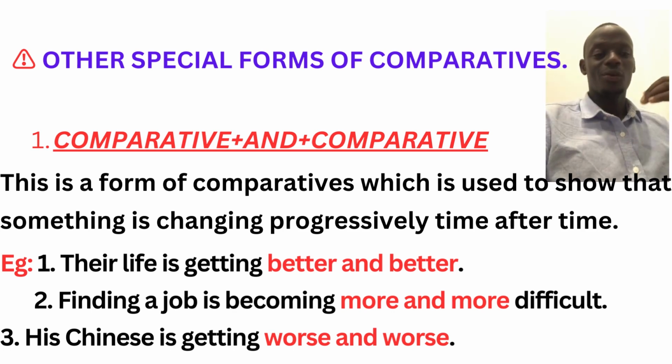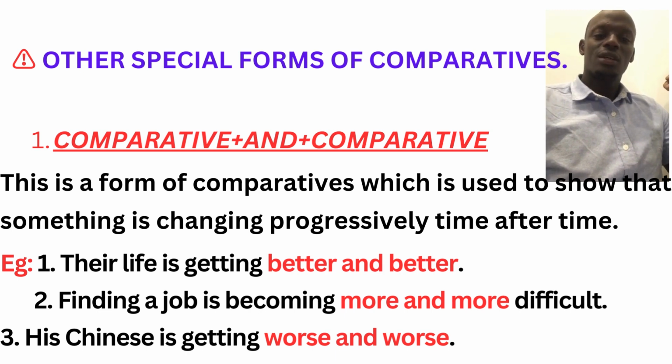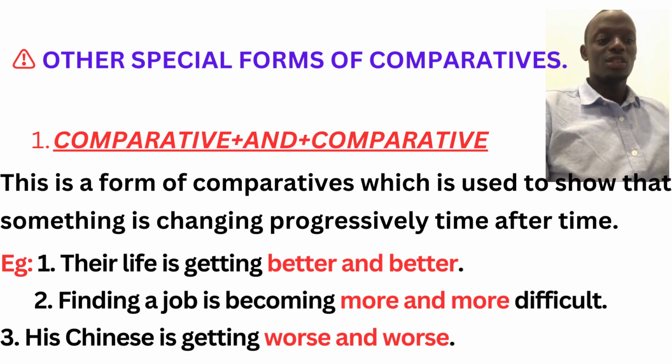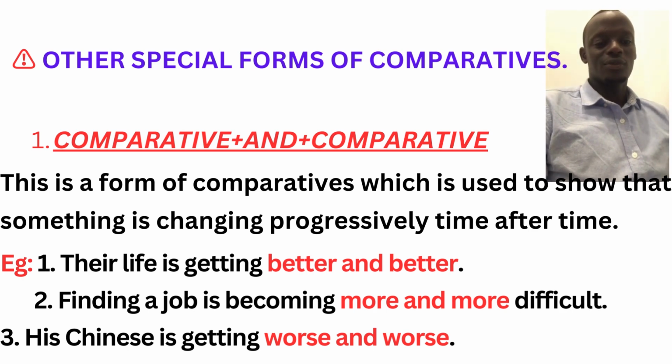Now we have comparative plus and then plus comparative. How does it work? This is a form of comparative that is used to show that something is changing progressively, time after time, or time over time. Something is changing continuously. For example, we say their life is getting better and better.